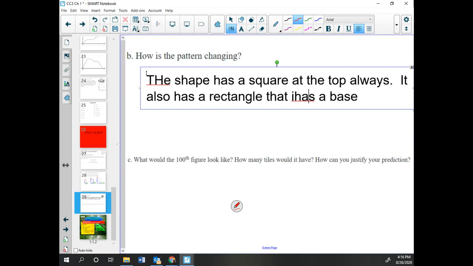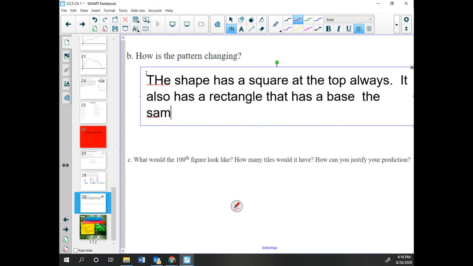This gives you a chance to make sure you get it. I am typing while trying to look off the big screen, so it's a little bit hard to do here. Has a base the same length as the figure number.